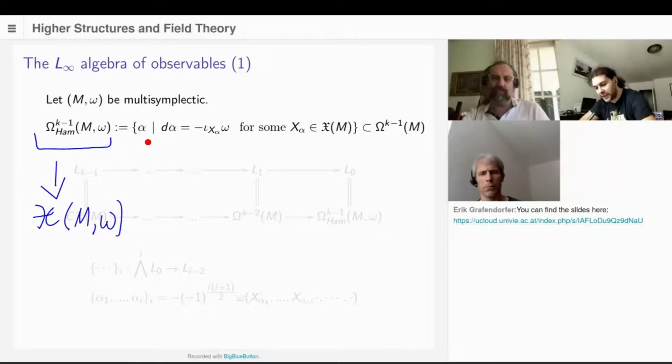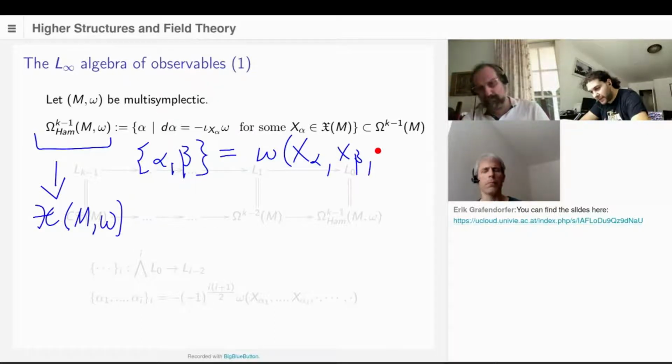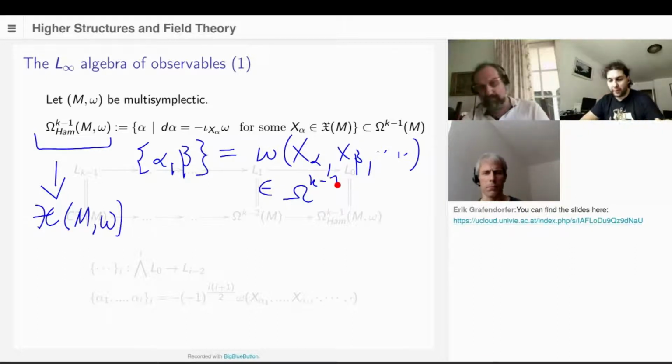So we can just say that the bracket of alpha and beta is omega contracted with X_alpha and X_beta, and we leave the rest free. This will be a k-1 form. Moreover, a calculation shows it will be Hamiltonian.